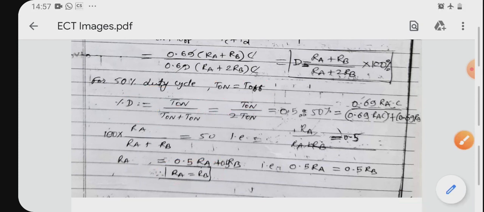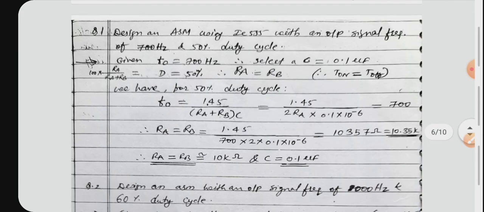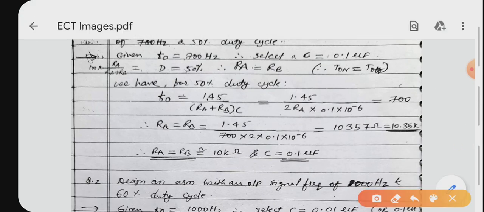Keep in mind, it is not necessary to derive the formula every time. For 50% duty cycle, T on is equal to T off and RA is equal to RB. So directly you can consider RA is equal to RB.